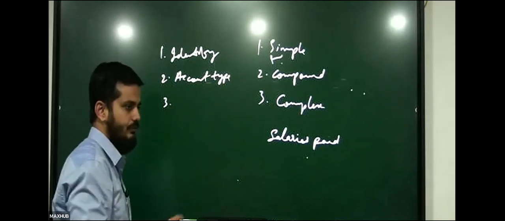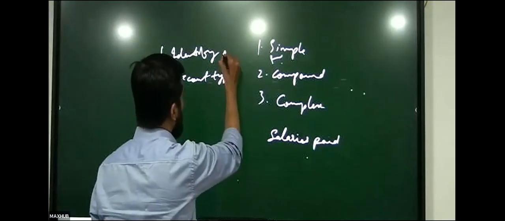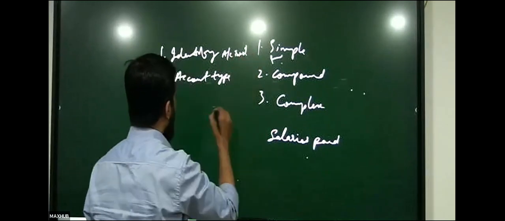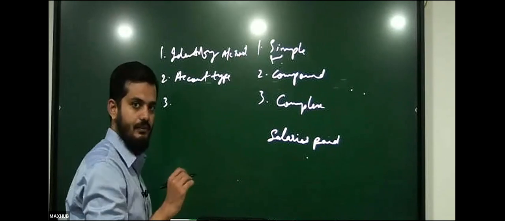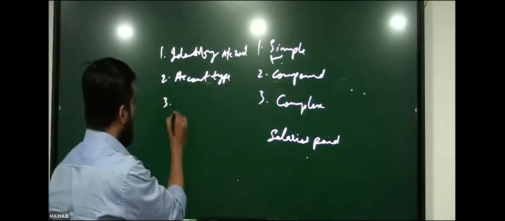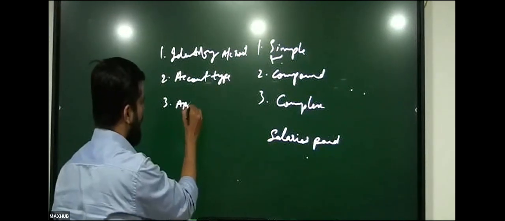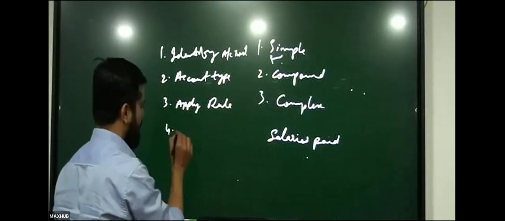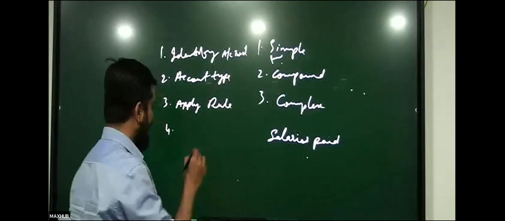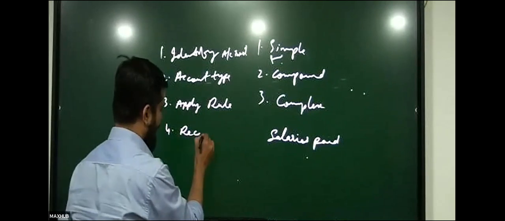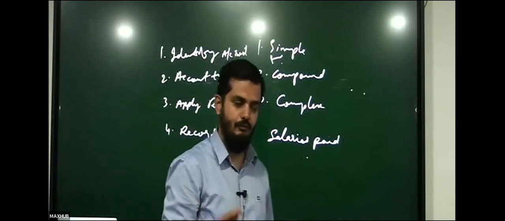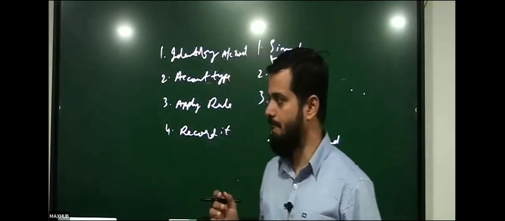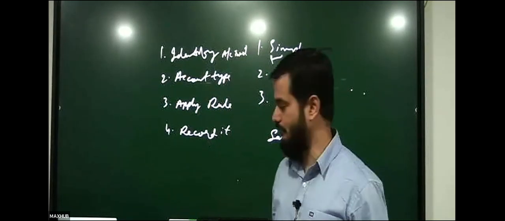Second is the account type, whether it's personal, real, or nominal. Then apply the accounting rule. Third thing is recording. As simple as that. If you follow this, then you'll see how the entries come up.